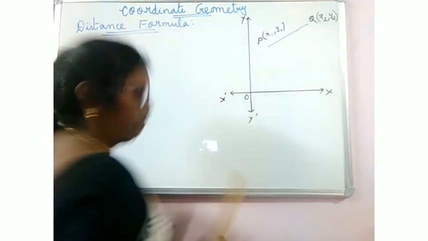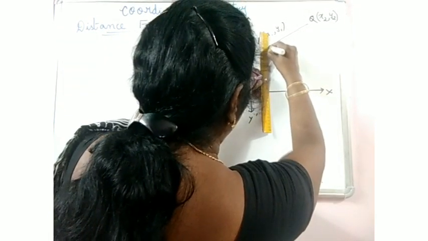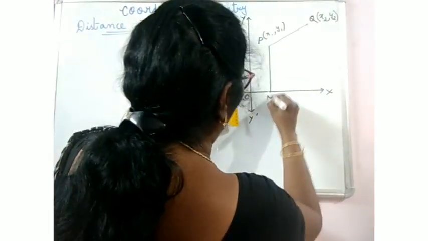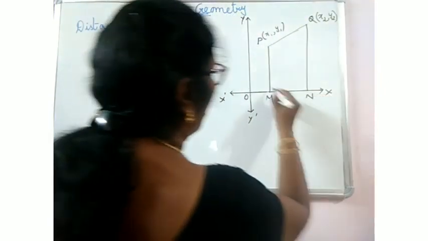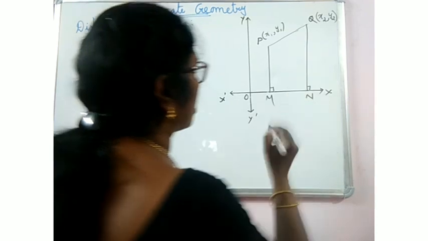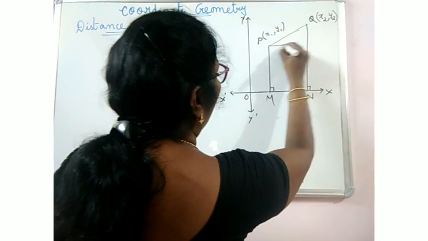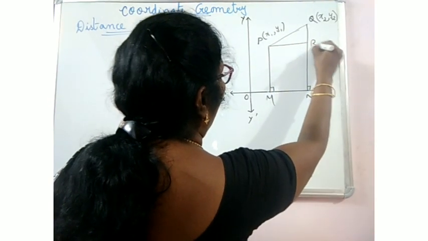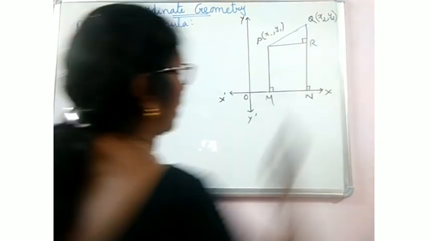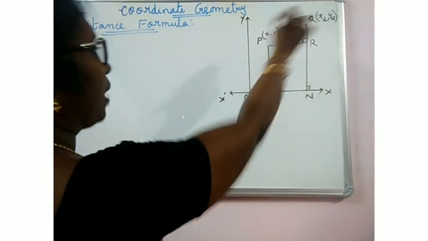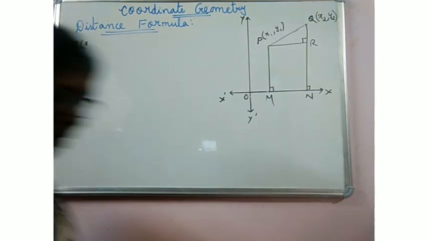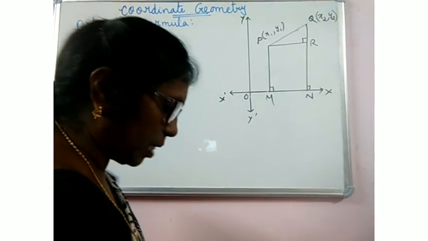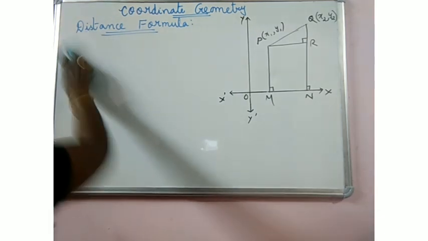Let us work out. So for that, what you have to do is draw PM perpendicular to x-axis, QN also perpendicular to x-axis, and draw PR perpendicular to QN.